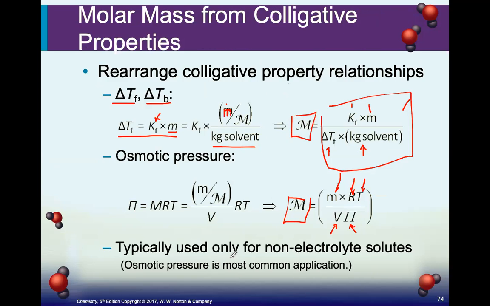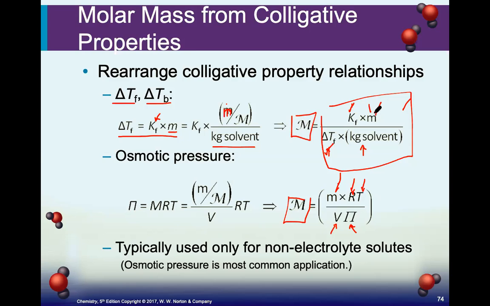Let's go back to this equation. We have the Kf, so let's put a check mark. We have the delta T, let's put a check mark. The molality we don't have, but we have the mass of the caffeine.